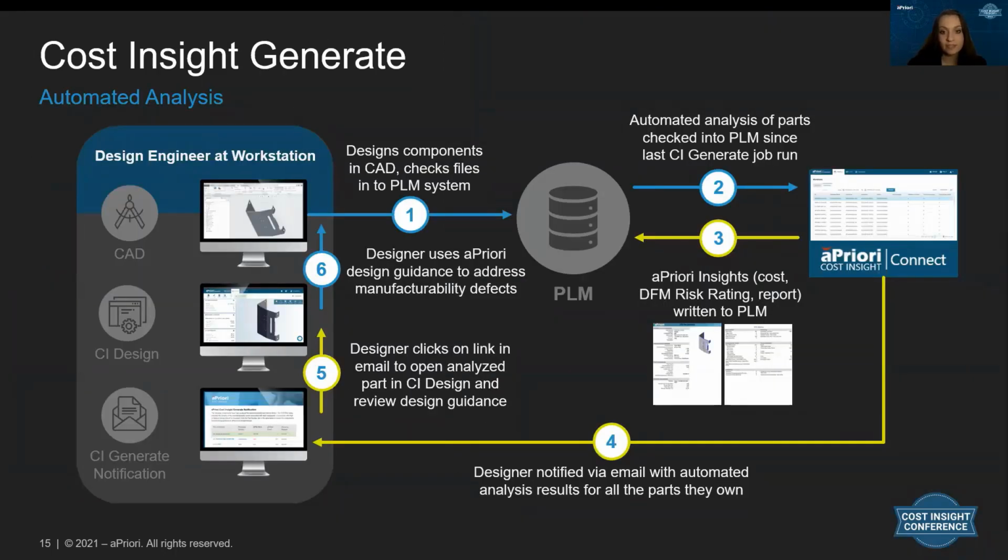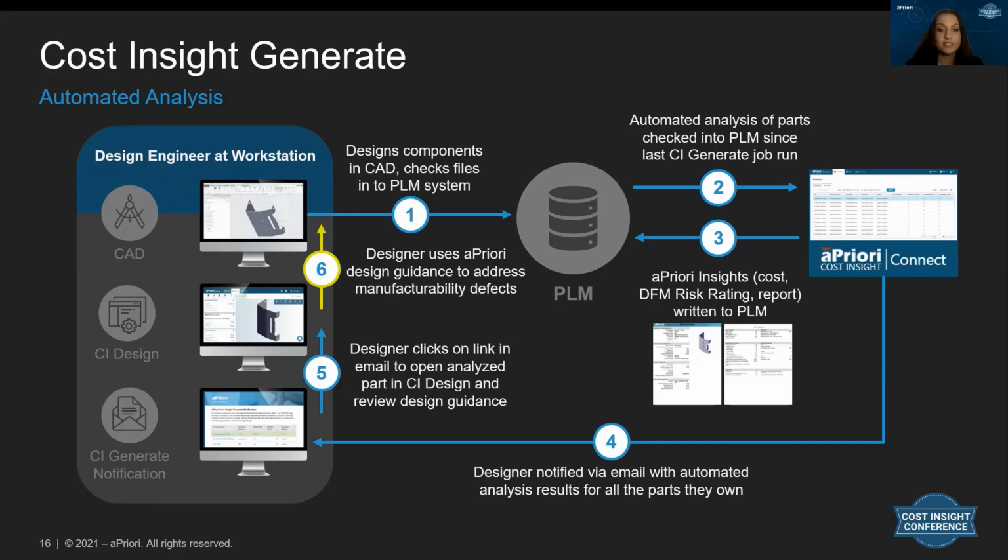So throughout this session, we've walked through a Cost Insight Generate workflow for automated analysis focused on the results generated. We've discussed reviewing those results in your systems and the added power of diving deeper into guidance in the aPriori cloud through Cost Insight Design. But the reason these results are so impactful is because they're actionable. Step 6 is arguably the most important step in this workflow.